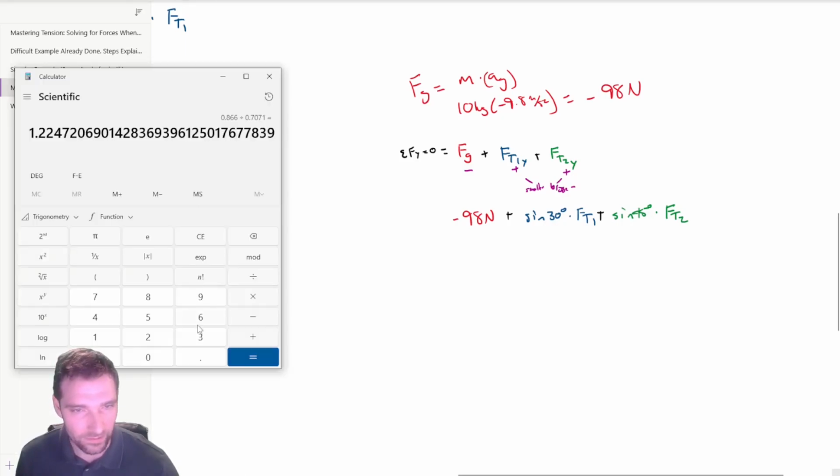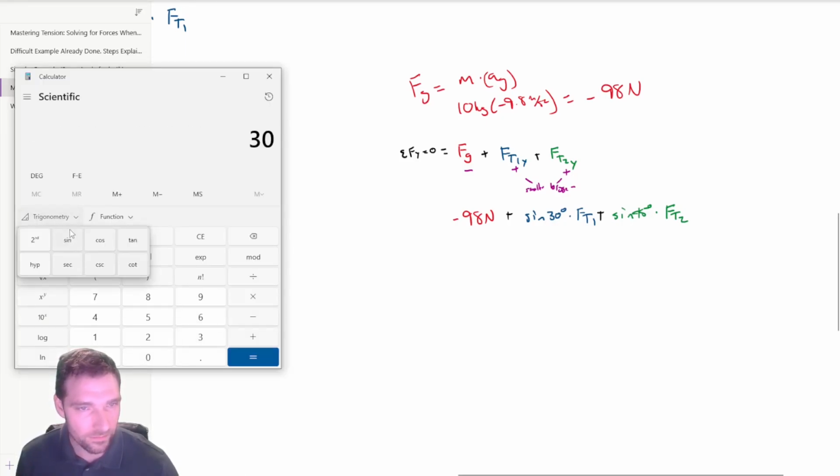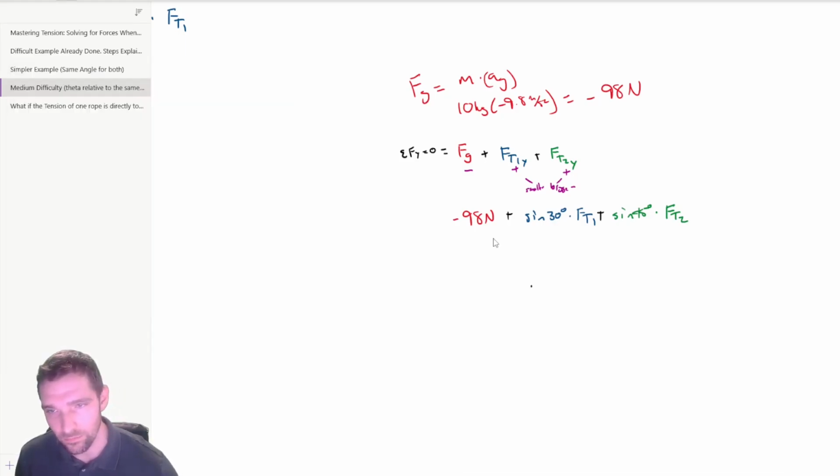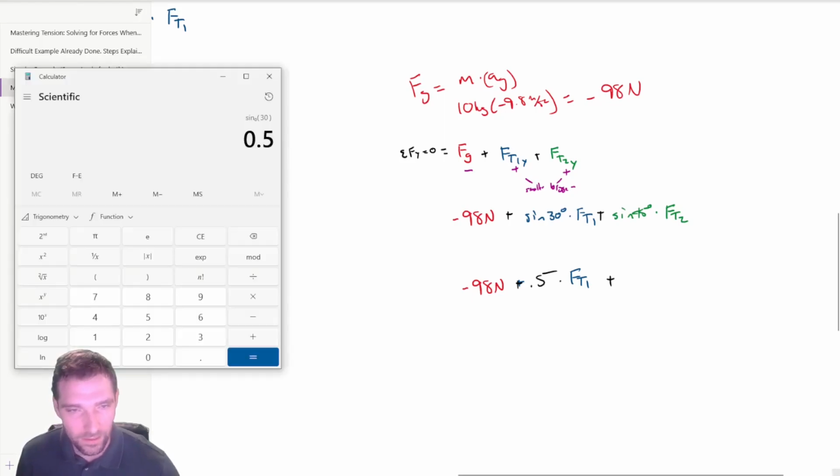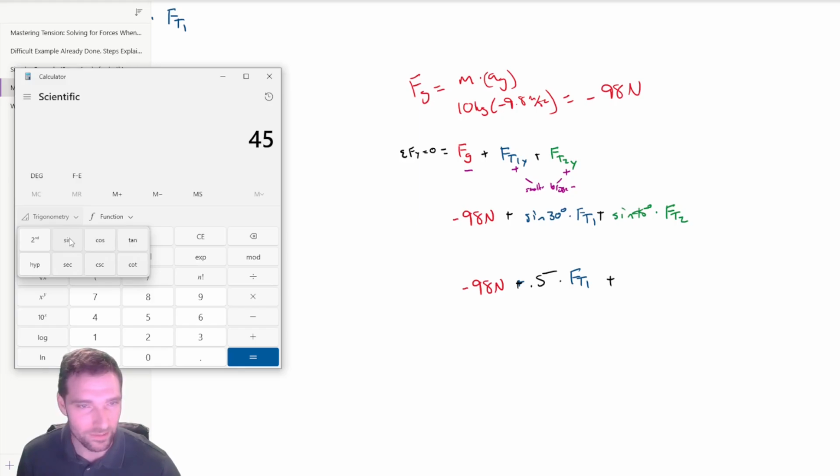So if we've got our sine of 30 right there, that's going to be 0.5 times this ft1 substituting for that part, and we still have the negative 98 newtons there. Then we're also going to have sine 45, which I think is the same as cosine 45, which should make sense with those 45 degree triangles.